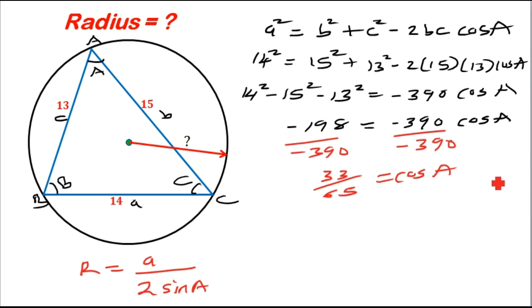Now remember, the cosine is always given as the adjacent side over the hypotenuse. So when we are looking for the opposite side using the Pythagoras theorem, we know that the opposite side squared will be the hypotenuse squared minus adjacent squared. So for you to get the opposite side, you take the square root on both sides.